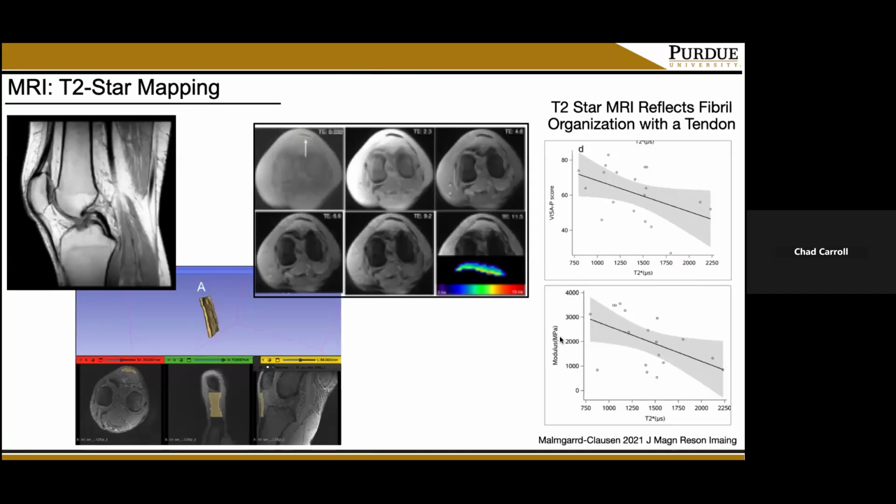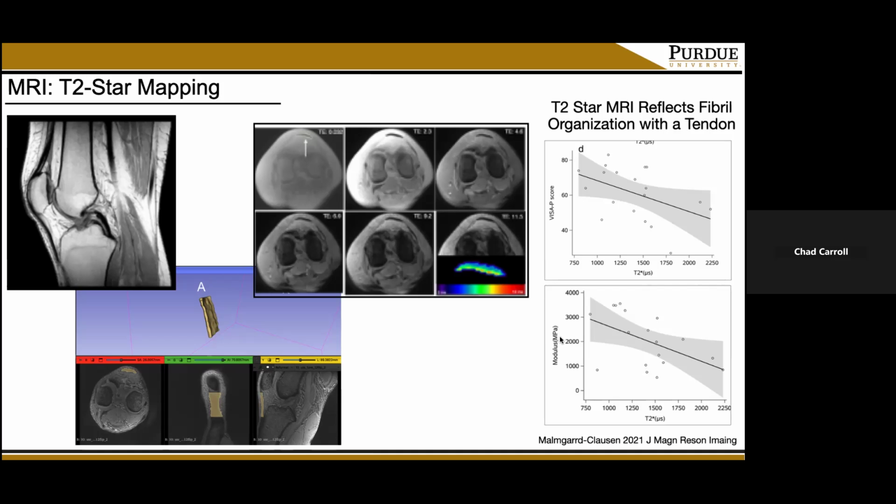For the MRI, we developed this approach. We had to bug Siemens to get an unpublished WIP, an unpublished sequence that they don't use clinically.